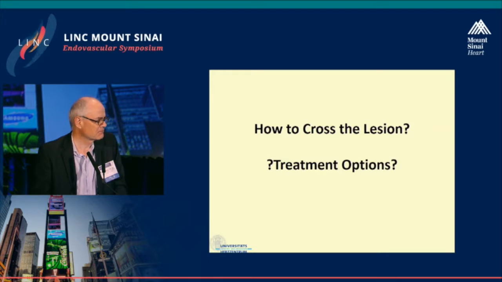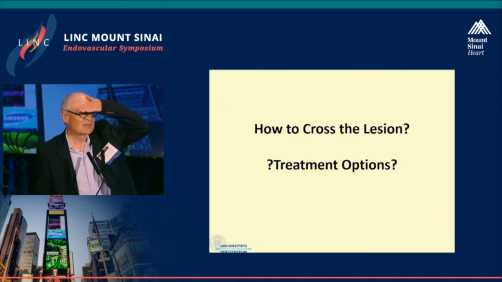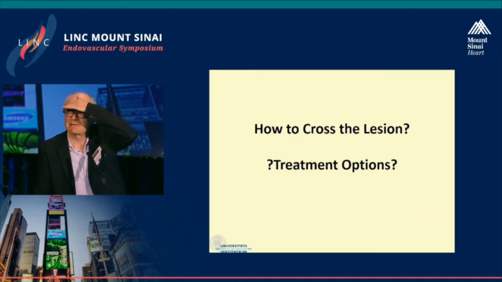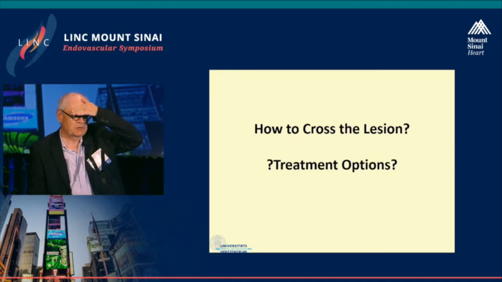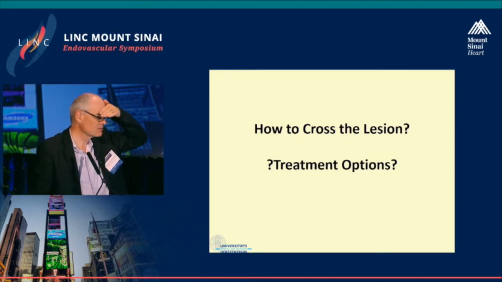Or is this a clear subintimal case? So who would assume that this would end in a subintimal recanalization attempt? You can raise your hand, it's easy. And who would believe that it's possible to stay true lumen? That's the minority.